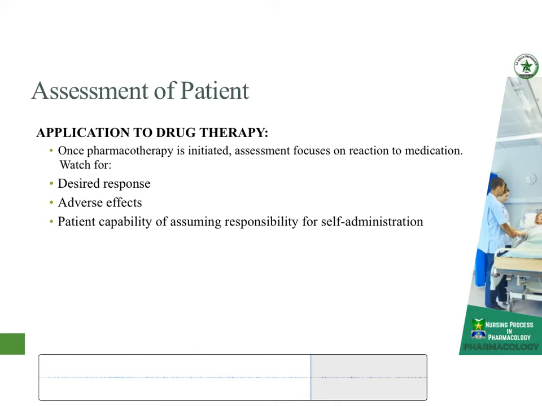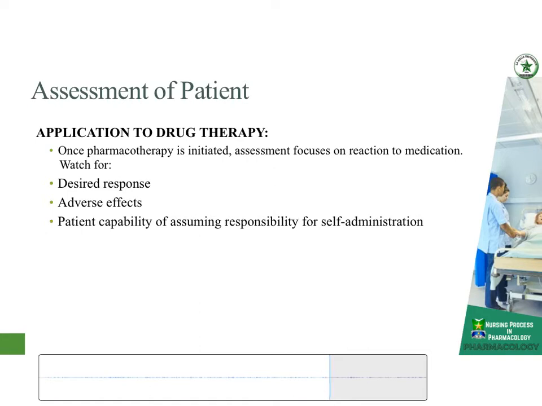So, next is the patient's capability of assuming responsibility for self-administration, or the assessment of the patient's capacity for self-care. For a drug therapy to succeed, the outpatient must be willing and able to self-administer the prescribed medications. Accordingly, the patient's capacity for self-care must be determined.